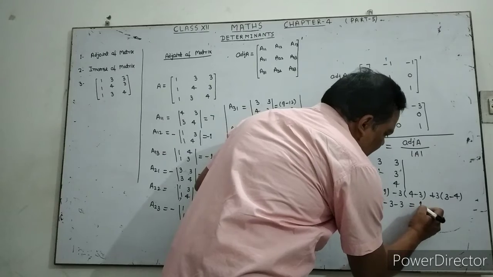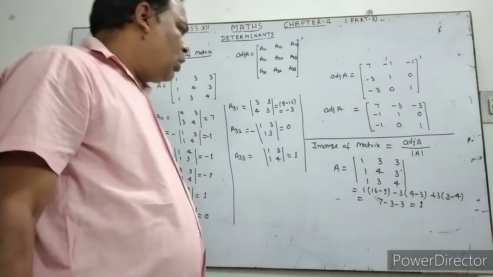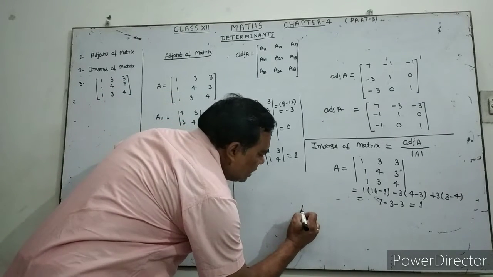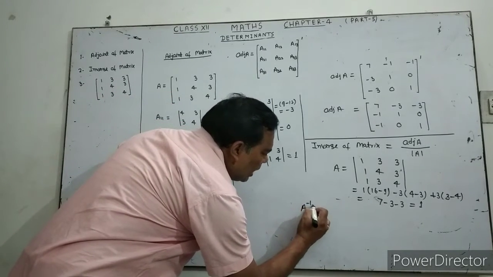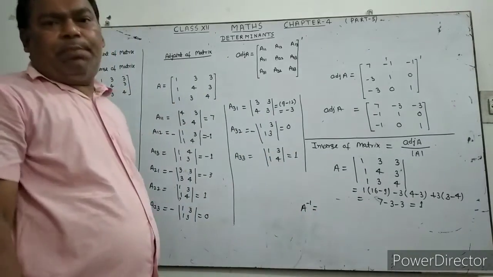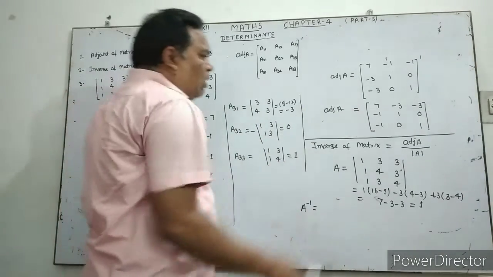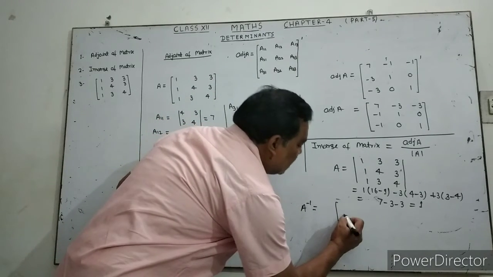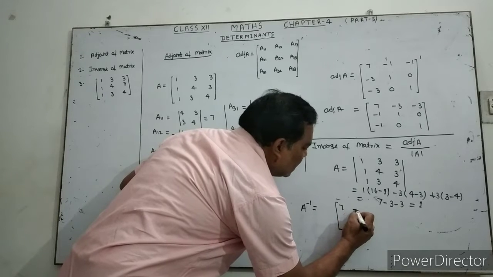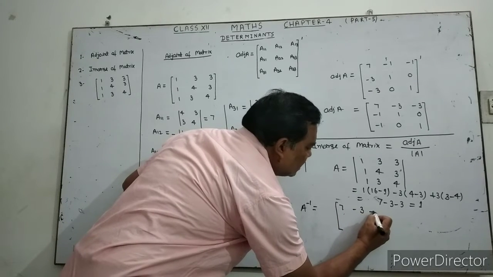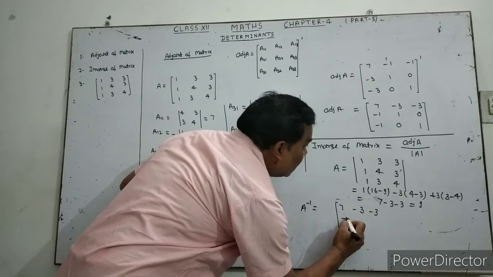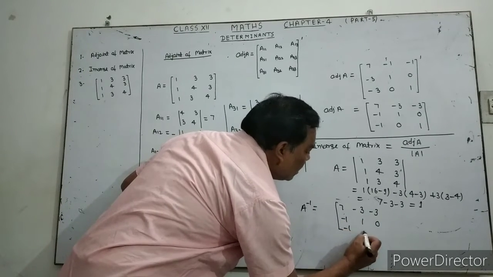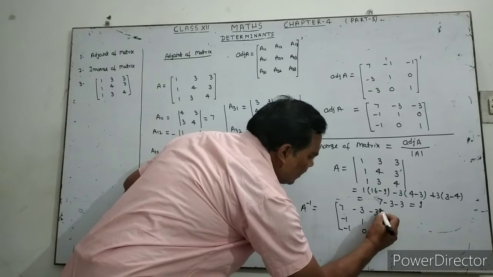Determinant A is 1. Now A inverse. What is the formula? A inverse equal to adjoint A upon determinant A. You calculate the value of adjoint A: 7, minus 3, minus 3, minus 1, 1, 0, minus 1, 0, 1.